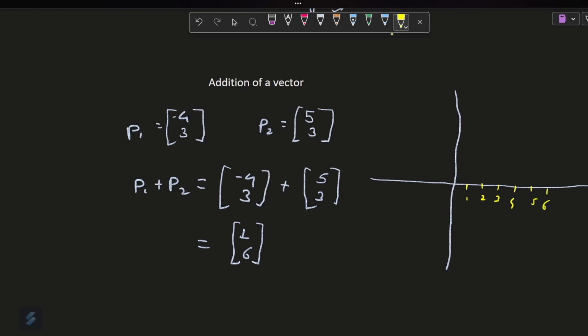Similarly, 1, 2, 3, 4, 5, 6, and minus 1, minus 2, minus 3, minus 4, minus 5 on the other side.